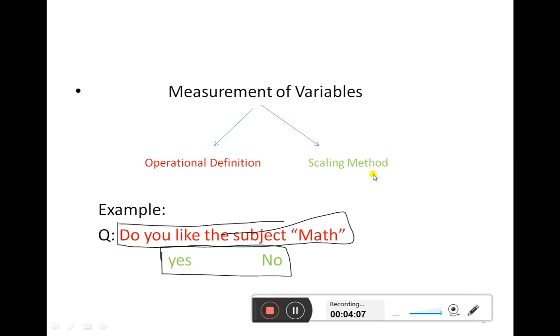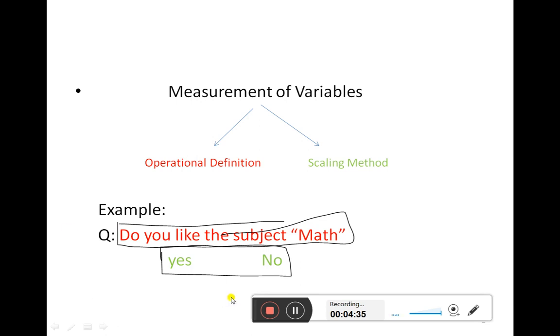So as I told you, when we want to measure the variable, we first need the operational definition, because with the help of operational definition we will make the questions and the statements, and to measure the statement we need some scales, and that will be done through scaling method. Combined, we will define or construct a question.